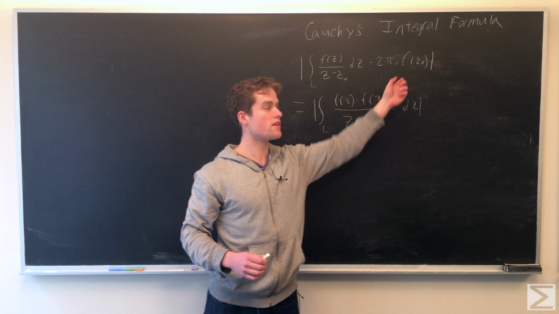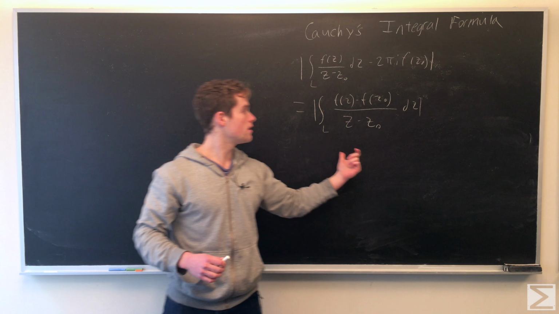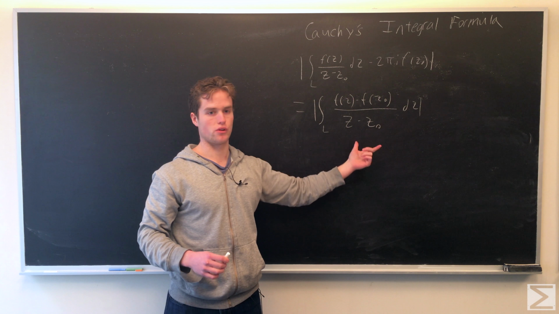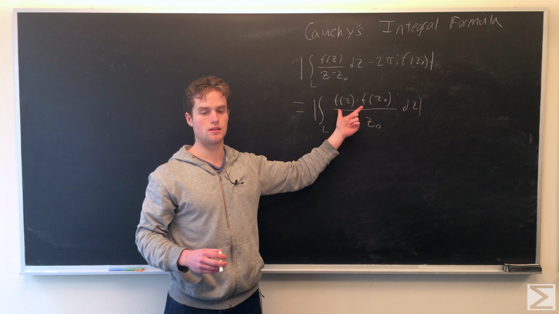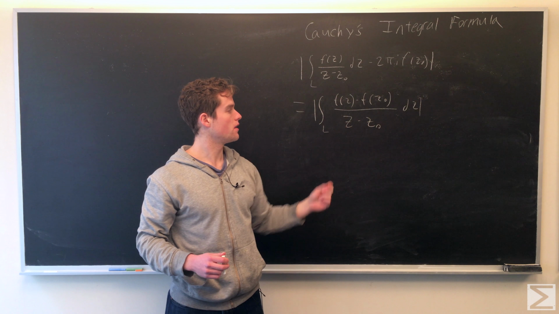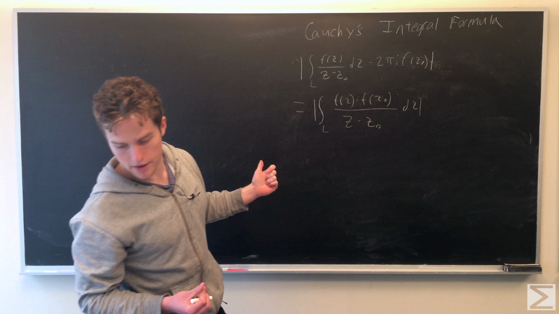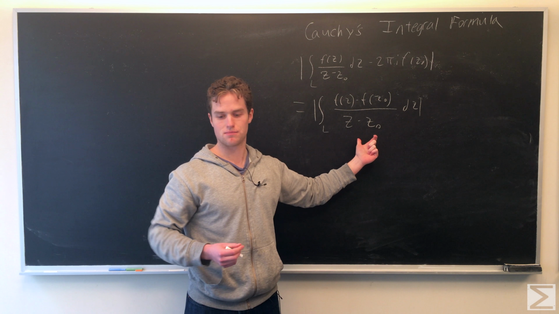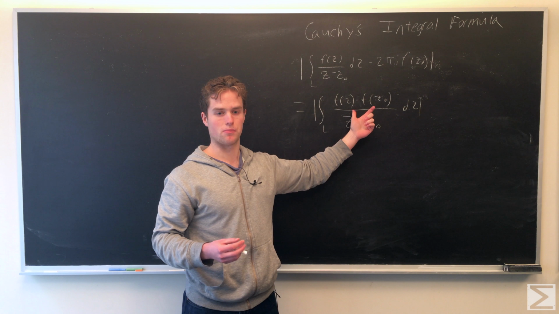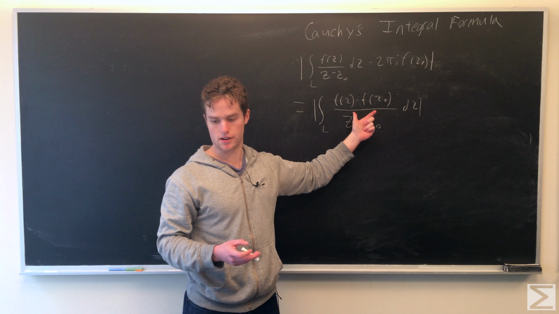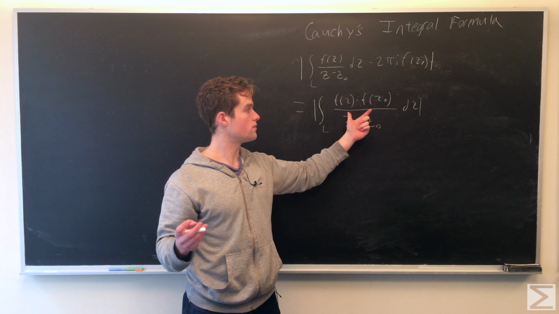So plugging that in, we can rewrite this as the integral of f of z naught over z minus z naught dz. And remember, we're assuming f of z is analytical in our domain here. Considering that z minus z naught is r e^(i theta), f of z minus f of z naught can become as small as we want as we shrink our circle.